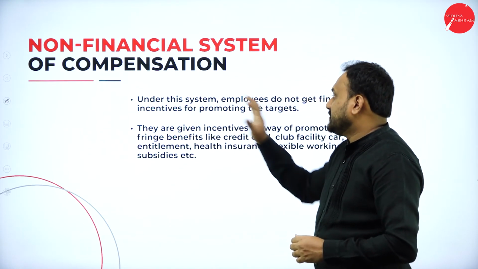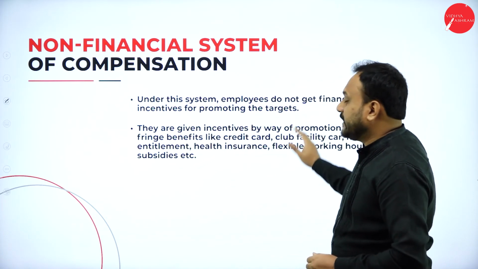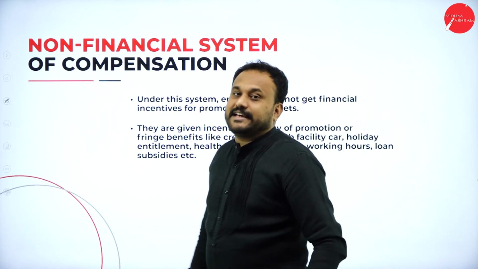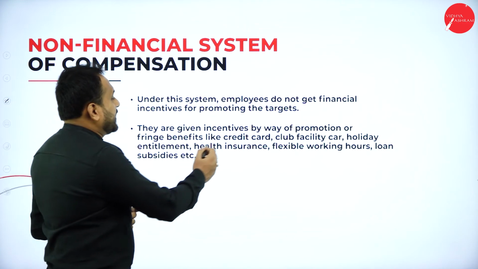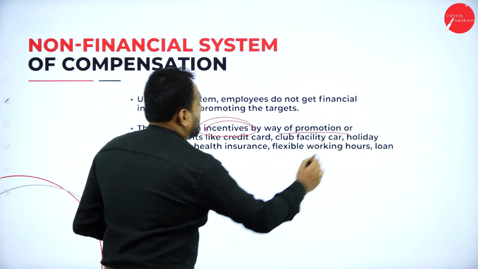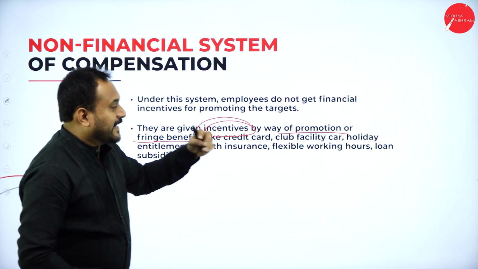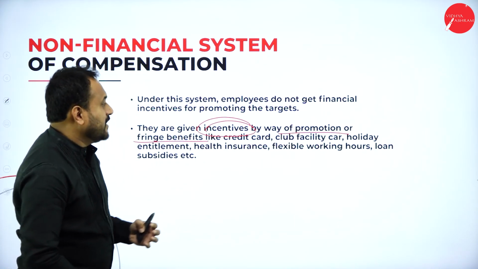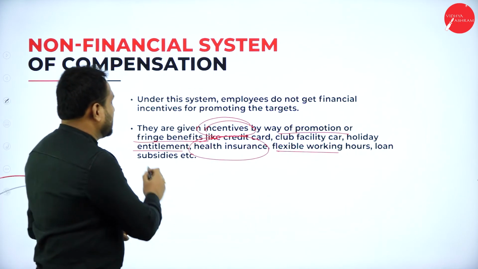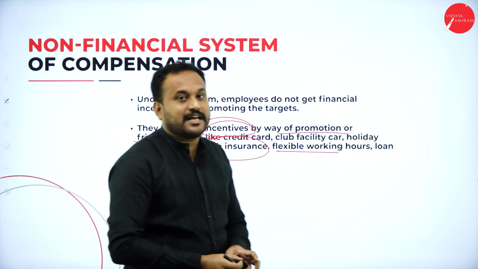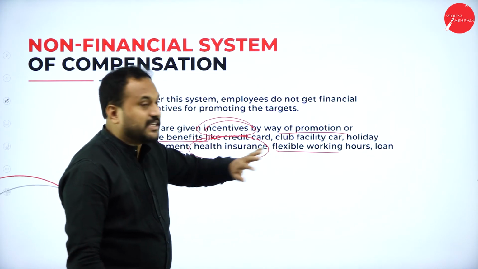So under this system, employees do not get financial incentives for achieving the targets. The minute you achieve any target, you will not get the financial incentives. Here they are given incentives by way of promotion or fringe benefits like credit card, club facility, car, holiday entitlement, health insurance, flexible working hours, loan subsidies, etc. Now here I really want to tell you more about flexible working hours.